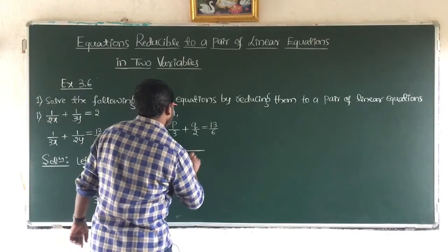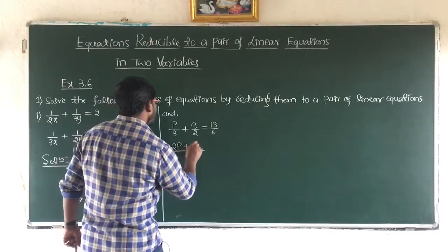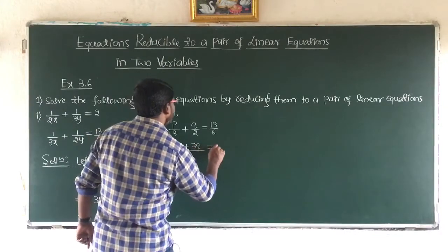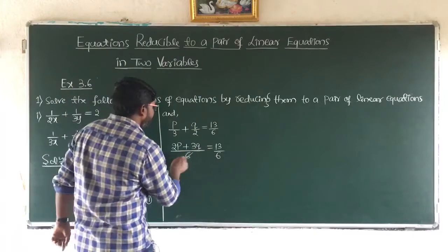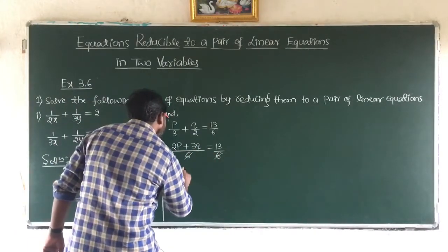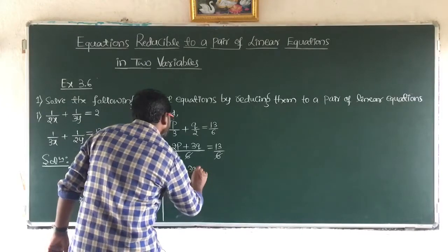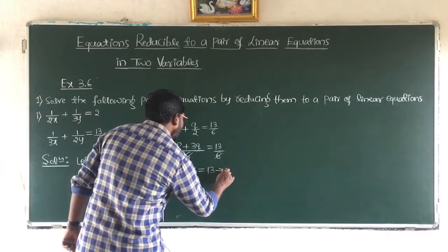So we get (2p plus 3q) divided by 6 equals 13 by 6. Now 6 and 6 get cancelled here. So we get 2p plus 3q equals 13. I call this equation number 2.